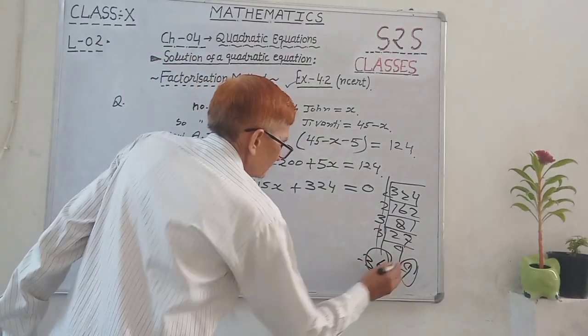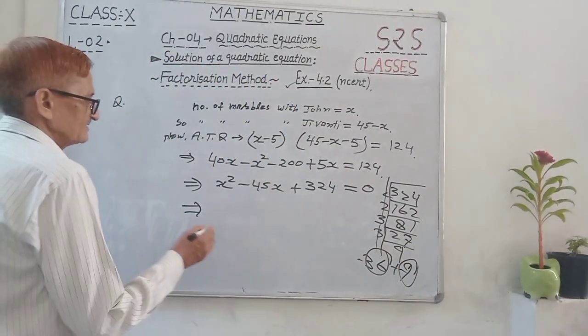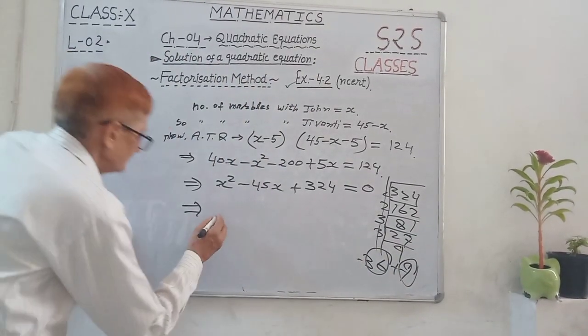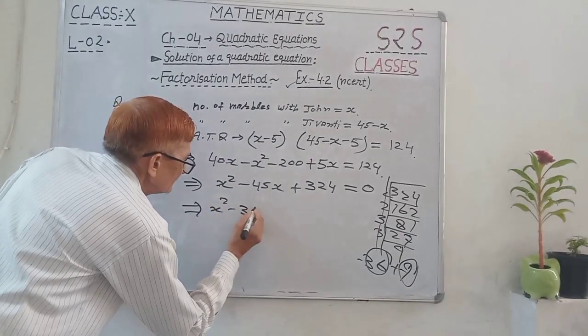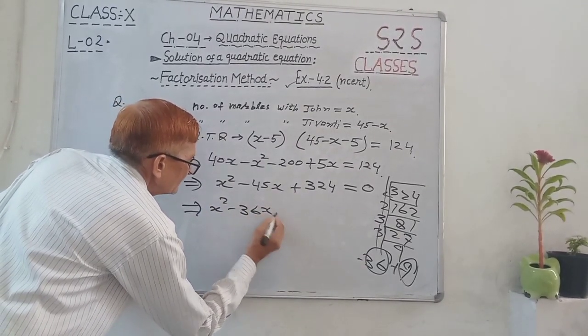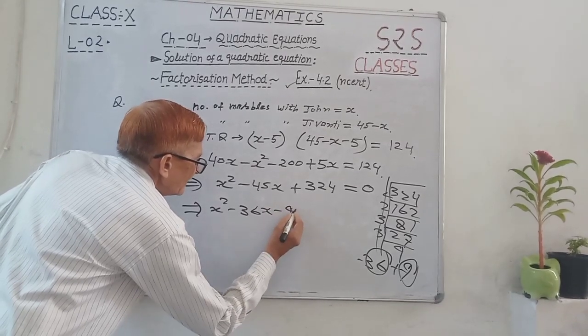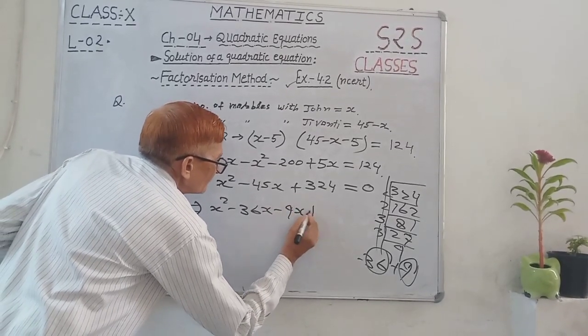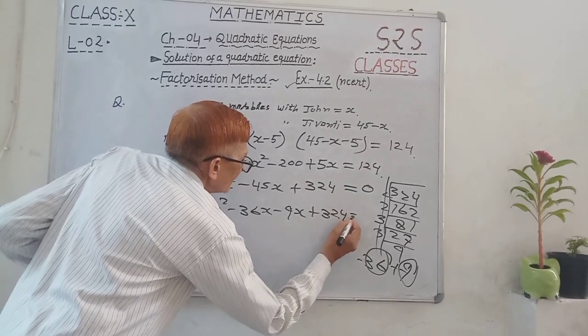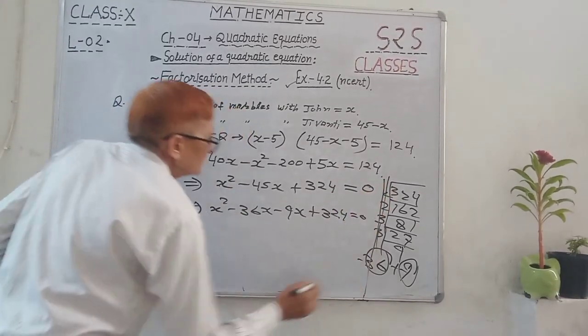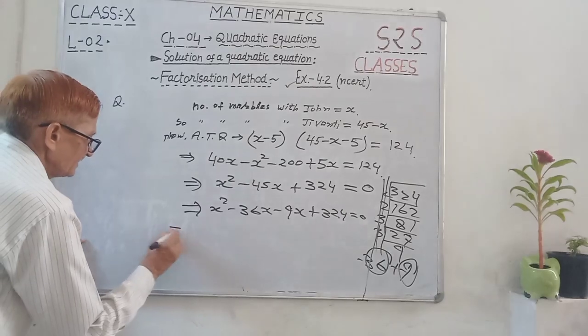Then with both negative, the product is that and the sum is negative 45. Then x square minus 36x minus 9x plus 324 equals 0. This was rough work, the middle term splitting.